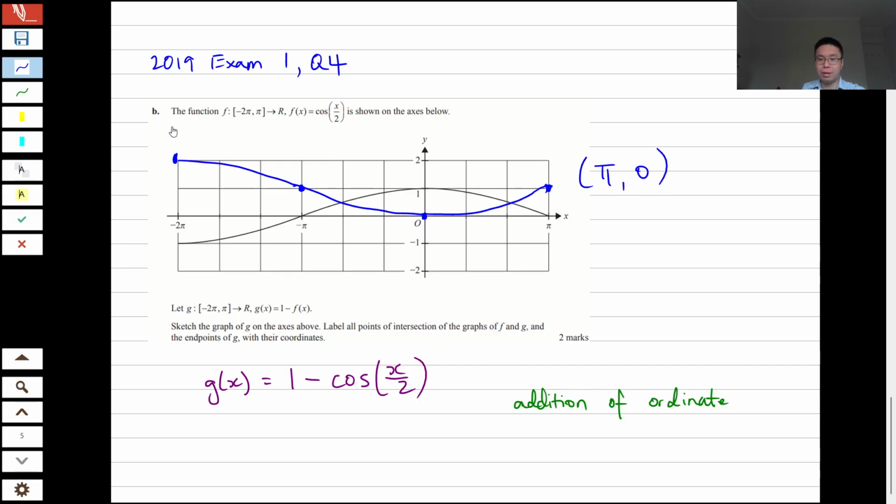Pi, 1, I should say. Negative 2 pi, negative 1. And from the graph, there are intersections. I didn't even consider the intersections, but 1 minus a half gives you half. You can clearly see that at 2 pi on 3, the graphs pass through the same y value, which is a half.